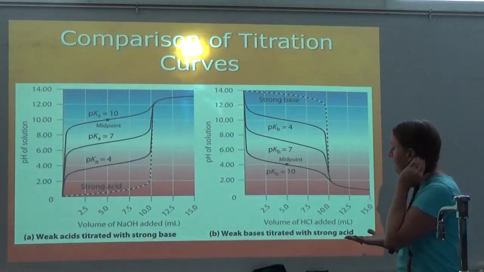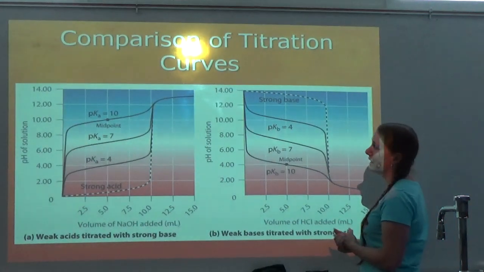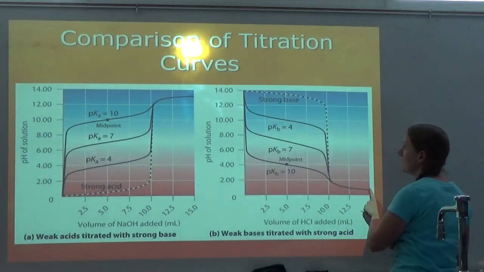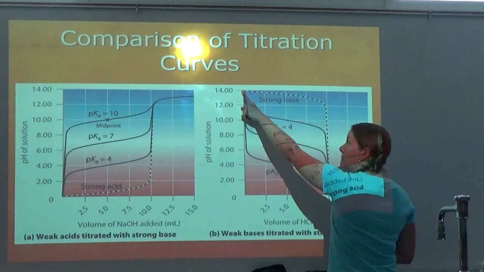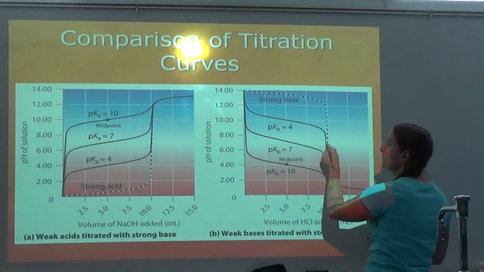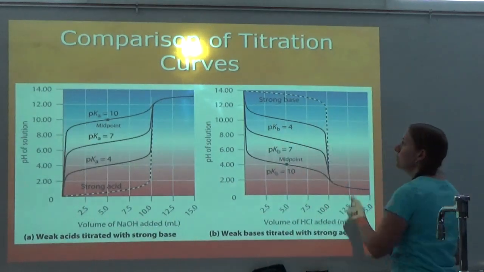If you have a base being titrated with an acid, if it's a strong base, again, you get this perfect S. All right, it starts with a high pH, and of course it goes down as you titrate. pH at equivalence point is exactly 7 for strong.